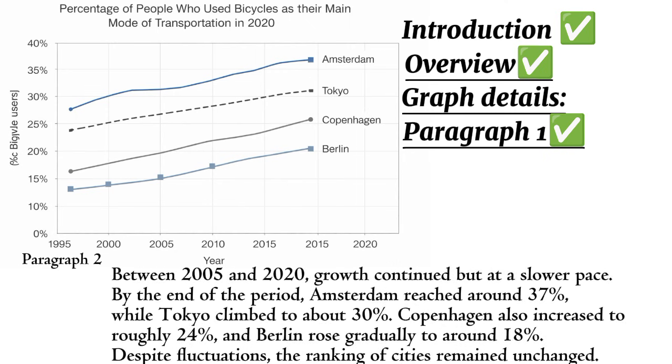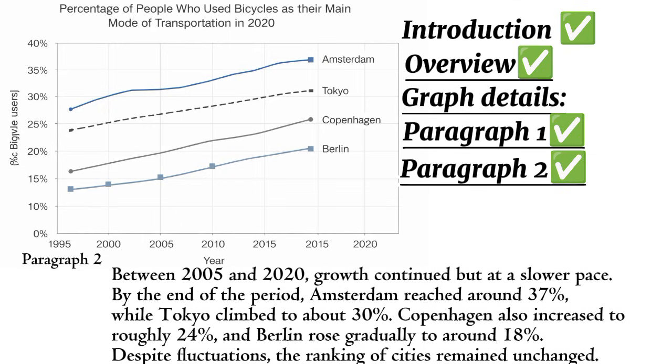Between 2005 and 2020, growth continued but at a slower pace. By the end of the period, Amsterdam reached around 37%, while Tokyo climbed to about 30%. Copenhagen also increased to roughly 24%, and Berlin rose gradually to around 18%. Despite fluctuations, the ranking of cities remained unchanged.